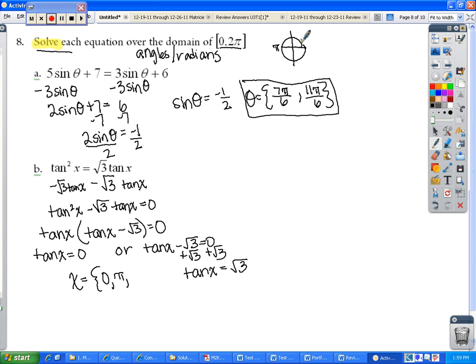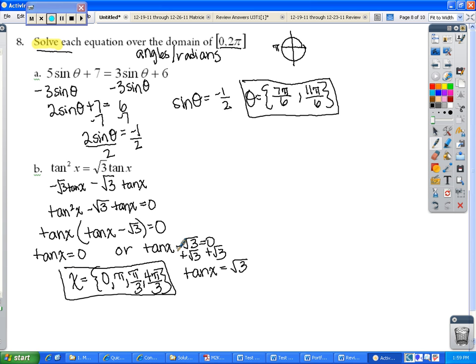Well, tan is positive root 3 at pi over 3. And then again in the third quadrant, which is pi plus pi over 3, which is 4 pi over 3. So your other two solutions from here are pi over 3 and 4 pi over 3. So those are your four possible solutions.